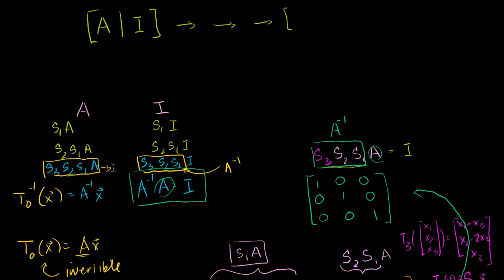And by the time you have A as an identity matrix, meaning A in reduced row echelon form, your identity matrix, having had the same exact operations performed on it, is going to be transformed into A's inverse. And this is a very useful tool for solving actual inverses.